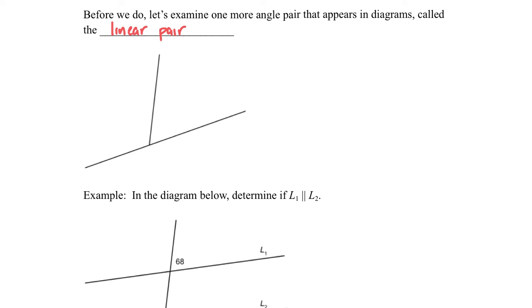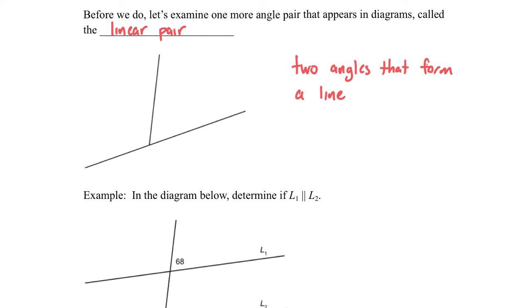A linear pair is two angles that form a line. So as you can see in this diagram, I've got two angles. They share this particular side of the angles, but these two angles form a straight line. When that happens, their measures add up to 180 degrees.